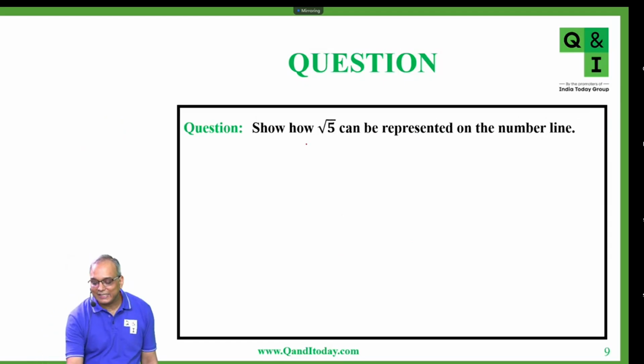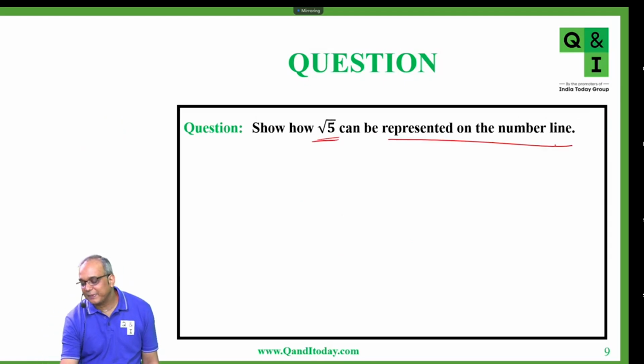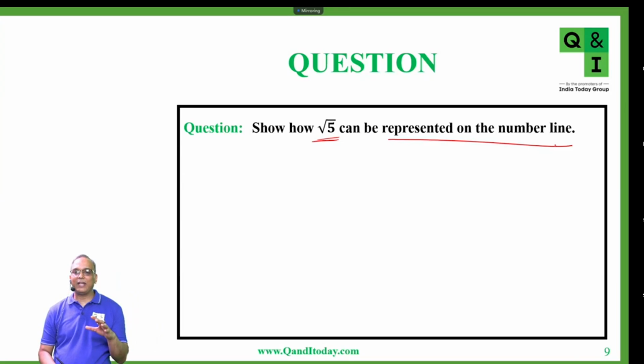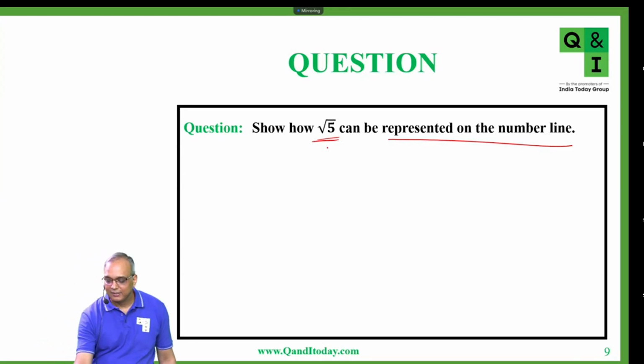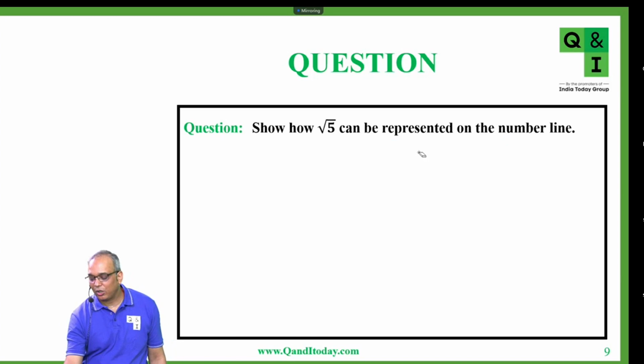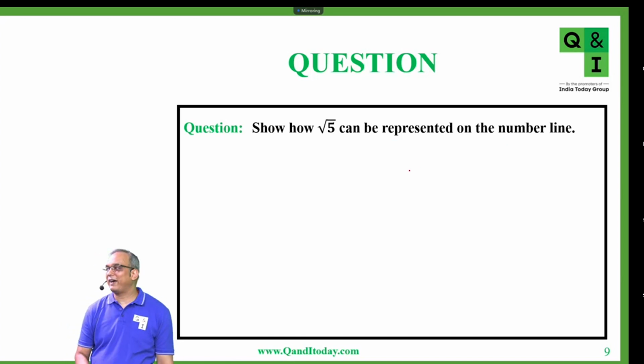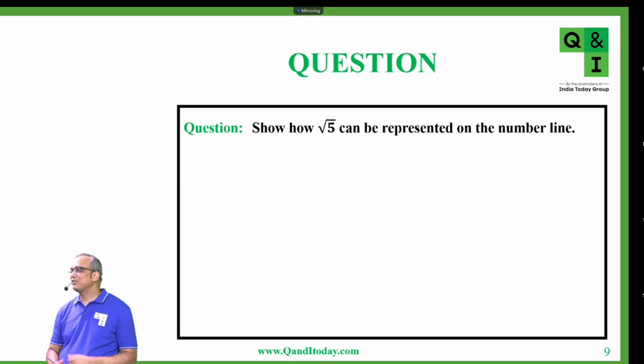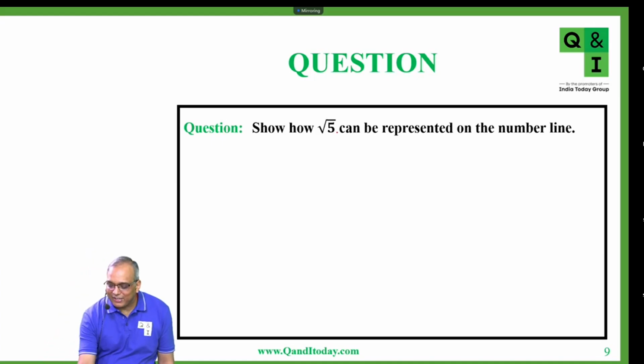Now the question is, show that root 5 can be represented on a number line. How can root 5 be represented on a number line? Who is going to tell me quickly? Who is going to tell me how to plot root 5 on a number line? Yes, Francis, correct. 4 and 1. So whenever you have these questions, you first break it into two parts. Root 5 means 4 plus 1.